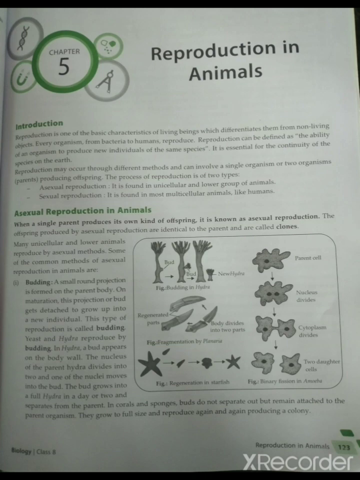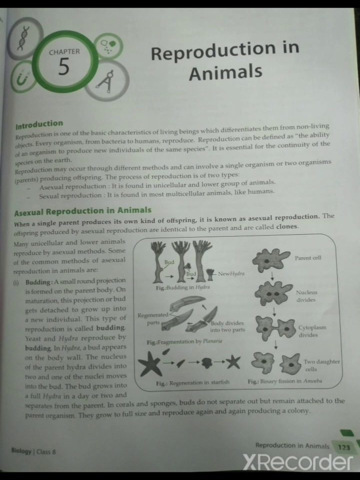That is regeneration. And fragmentation is like, if you are taking a ribbon, a flat structure, planaria is a good example for fragmentation. And regeneration, as I said earlier, happens in starfish. In starfish they have 5 arms, right?